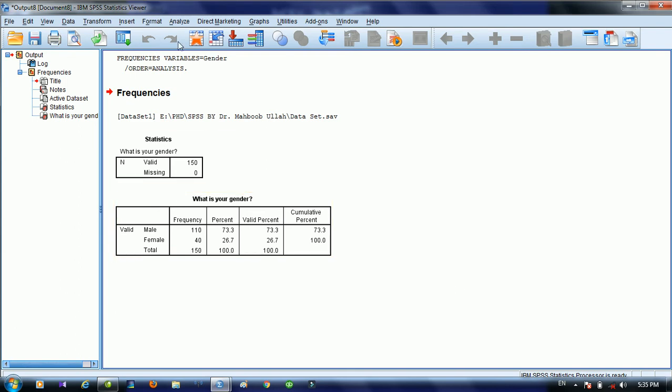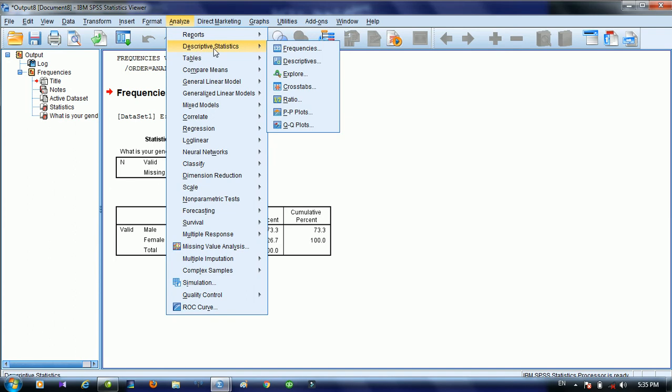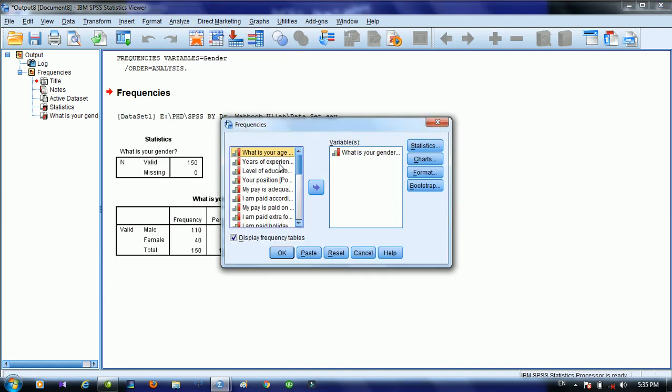Now if you want to find out for another variable, the same procedure will be followed. We will select Frequencies, then suppose we calculate the age, so select the age. If you select another variable, suppose level of education, we can select that as well. However many variables you want to calculate the frequency for, we can calculate them this way.